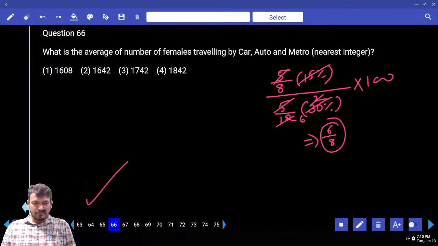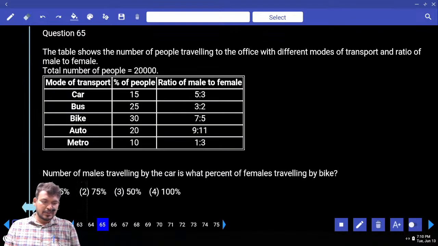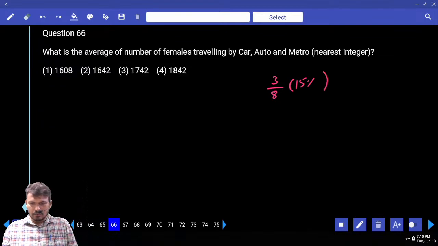Next question number 66. What is the average number of females traveling by car, auto and metro? Females in car, auto and metro. What are the females in car? 3 by 8 of which one? 15%. Another one? Auto.